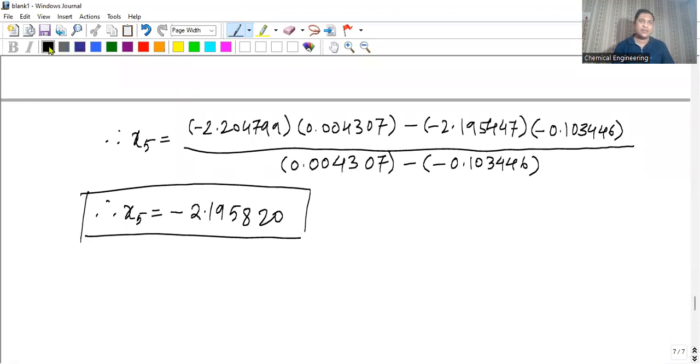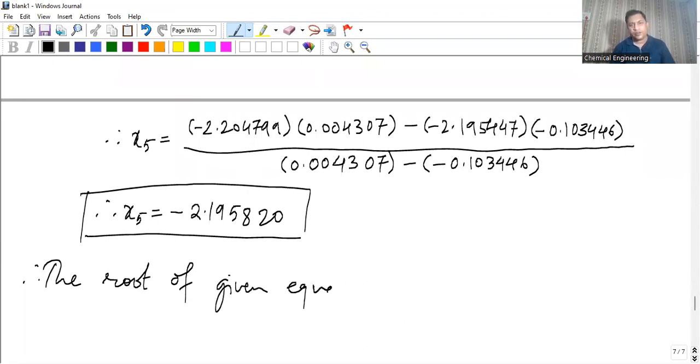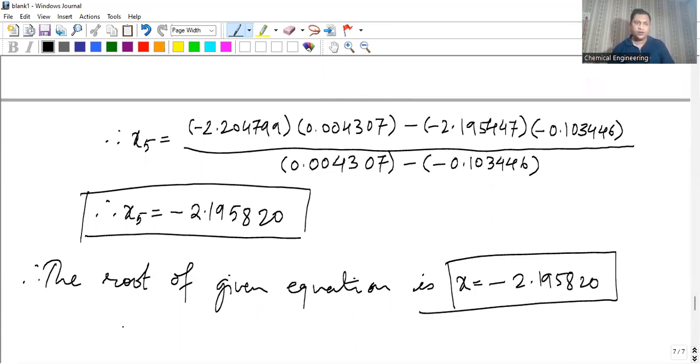So what we can say here, hence the root of the given equation is x equal to minus 2.195820 after 5 iterations.